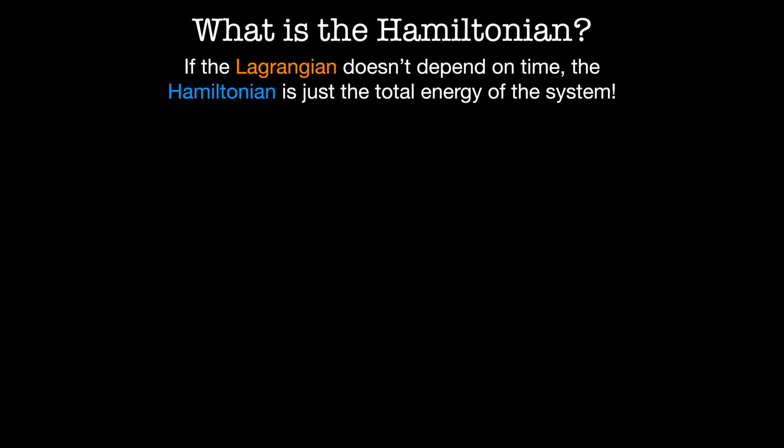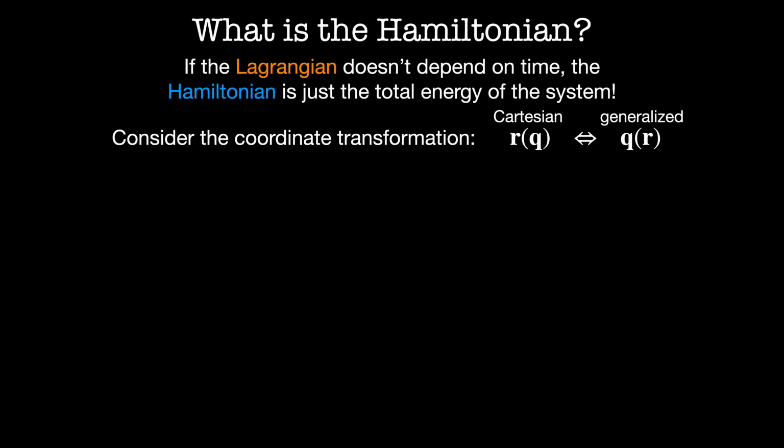So what is the Hamiltonian? If the Lagrangian doesn't depend on time, then the Hamiltonian is just the total energy of the system. To show this, let's look at the transformation between Cartesian coordinates, r of q, and generalized coordinates, q as a function of r. In Cartesian coordinates, the kinetic energy is 1/2 m times r dot squared.